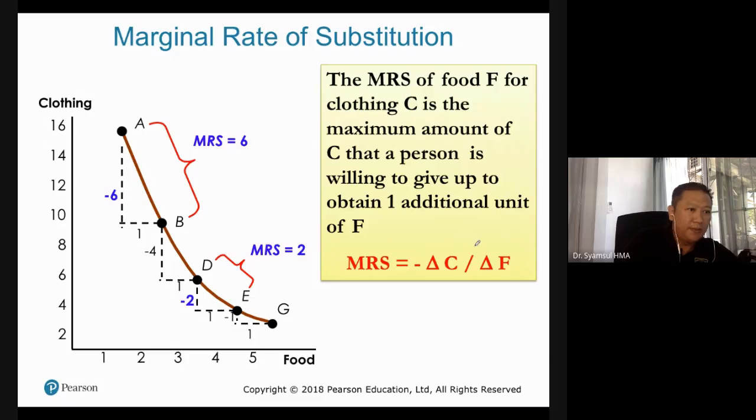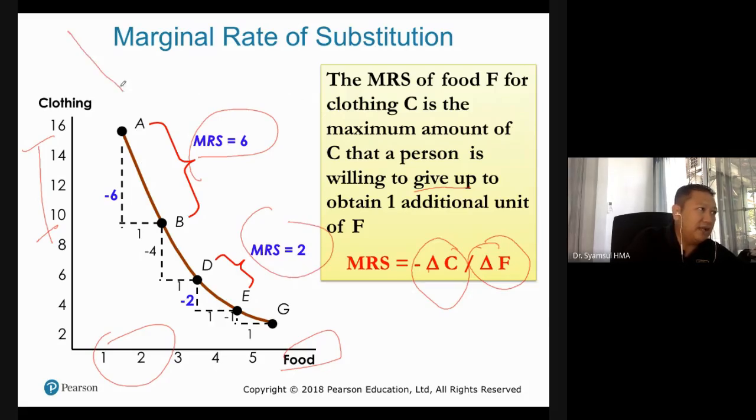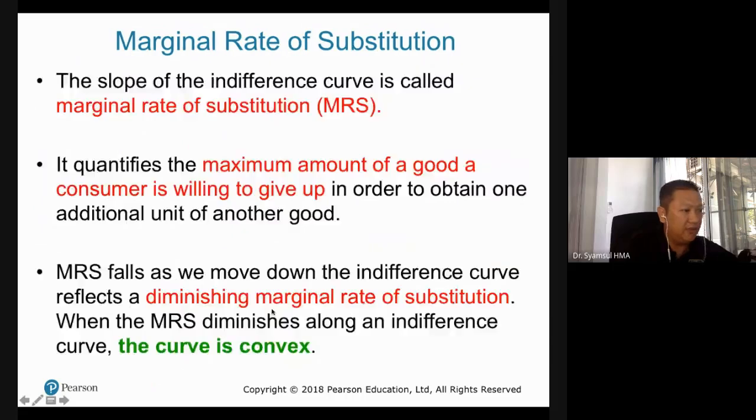How much clothing a person is willing to give up for that one unit. Over here the MRS is 6, but here the MRS is 2. So that's why the curve is not a straight line. It's not linear, but more convex, right?